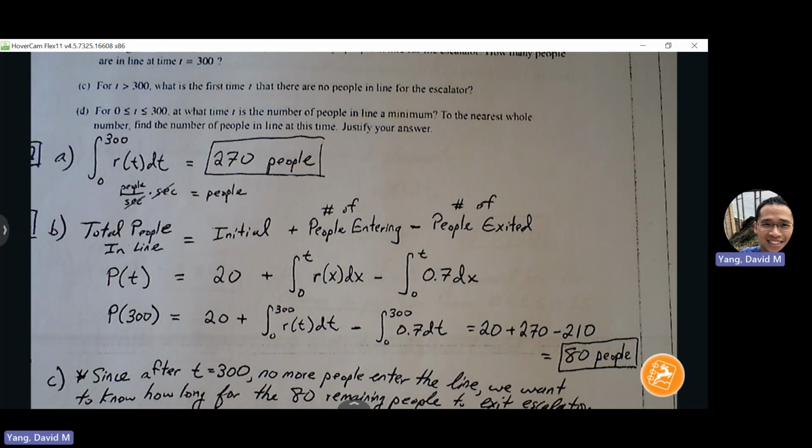Because if I have the rate, let's say my rate is 5 people per minute, then if I were to take the integral, it'll tell me 5 times 4, which is 20. So 20 people. Right. But this is an ever-changing rate, so we're just going to make the calculator find that number for us.